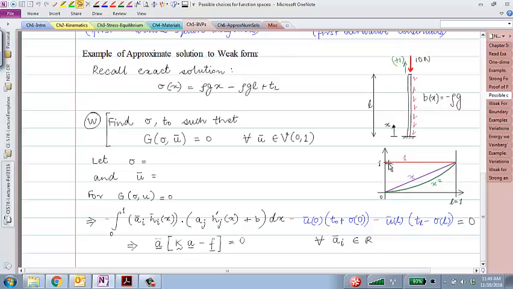That is, one function is this constant function 1, a linear function x, and a quadratic function x squared.